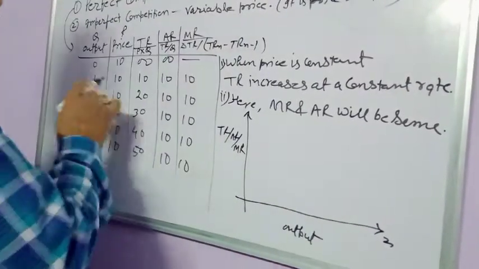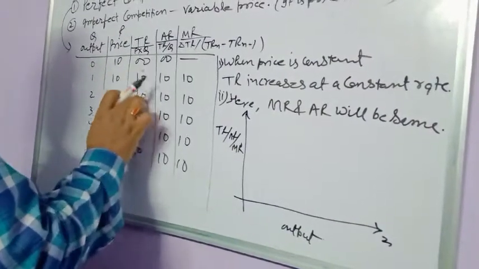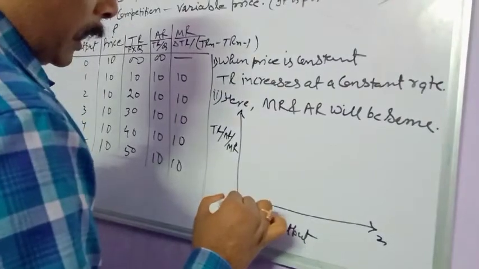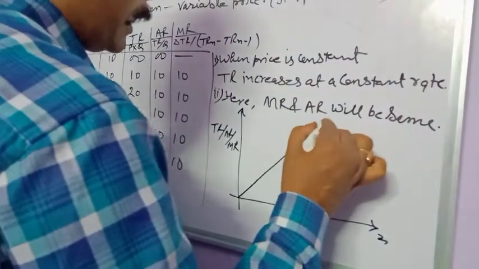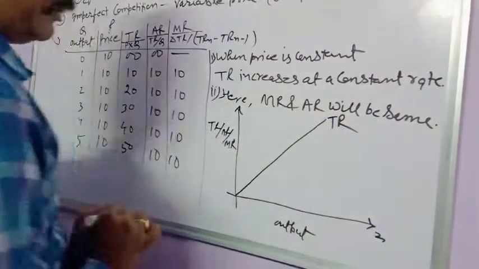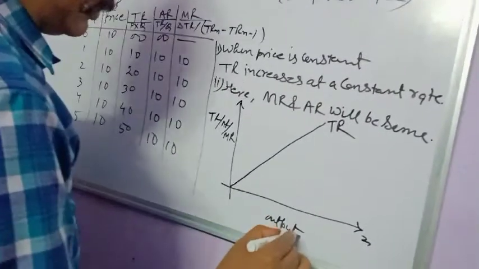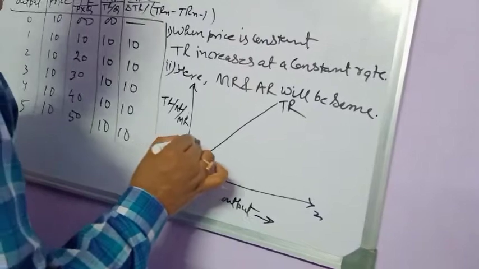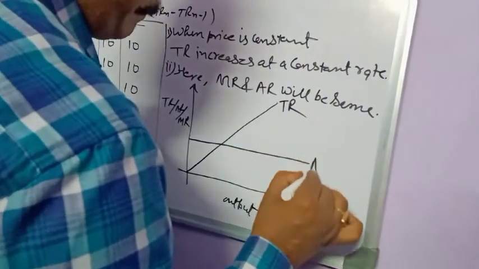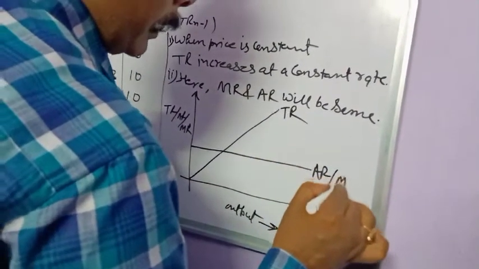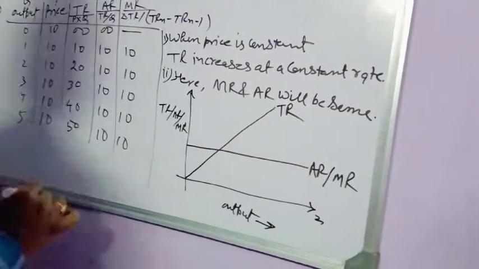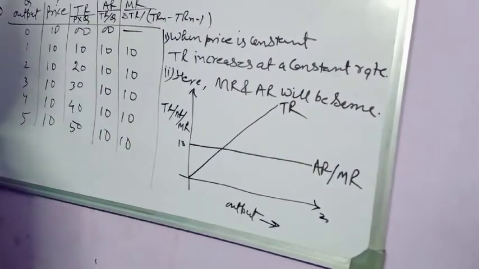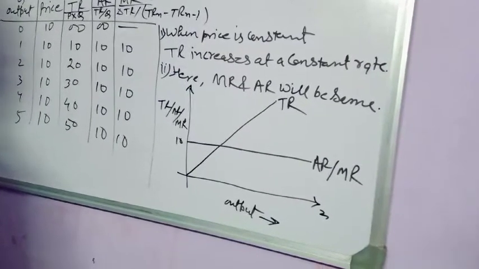So here 10, 10, 20, 30, 40, 50 and 0. TR is increasing at a constant rate as the output increases. But AR and MR are constant, and let this be the 10. Is it clear?